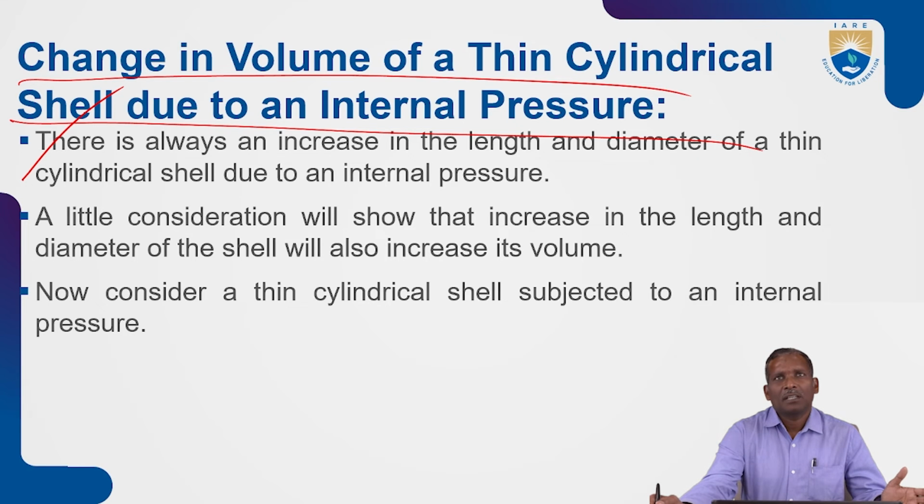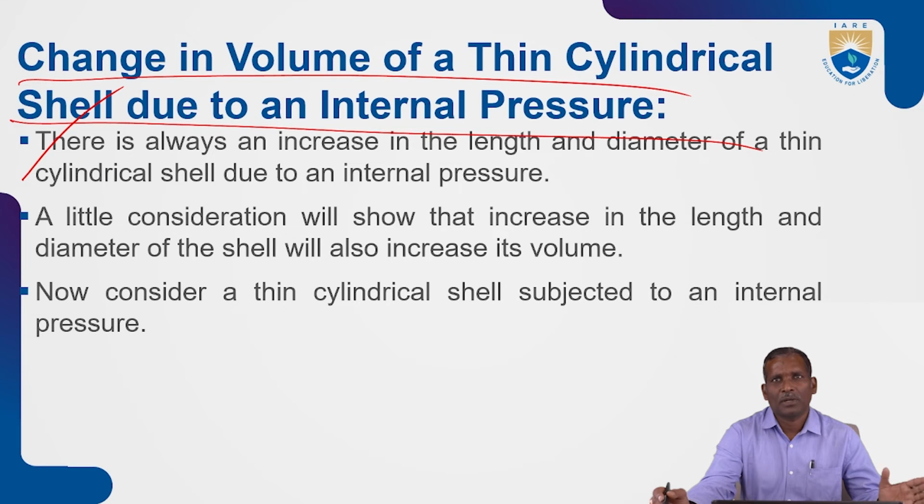Whenever the cylinder is subjected to some internal pressure, there is always some increase in length and diameter, so the dimensions vary. A little consideration will show that the increase in the length and diameter of the shell will also increase its volume.